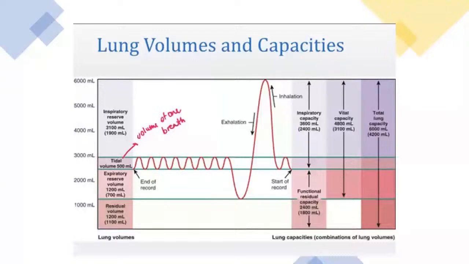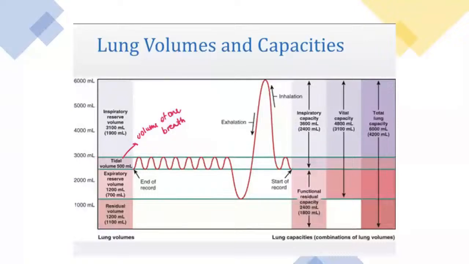We use ideal body weight for tidal volume. Expiratory reserve volume is the amount of air you can push out after a normal breath. The residual volume is the air that can't be exchanged, the air that's left inside your lung tissue. And the inspiratory reserve volume is the air that you can breathe in on top of a normal breath.